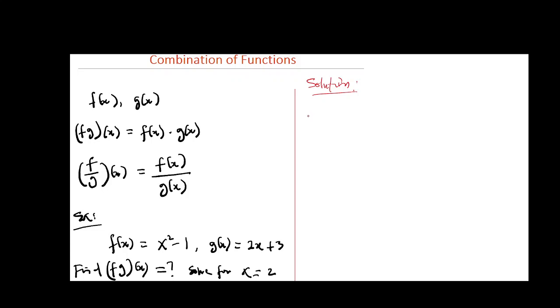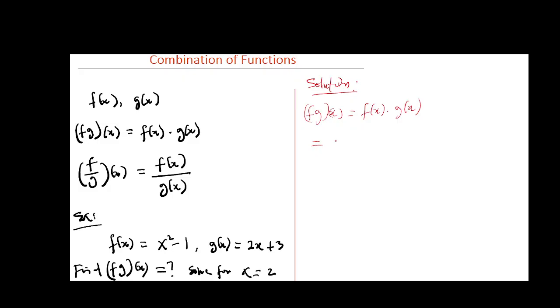Now for the first part, we have that our fg of x will give us f of x multiply g of x, which will equal f of x is x squared minus 1.